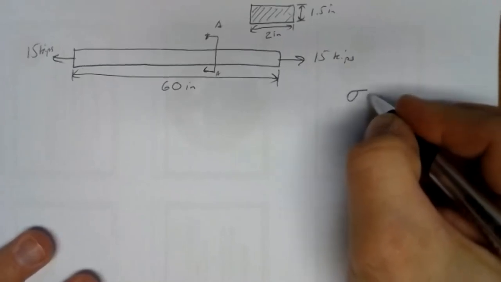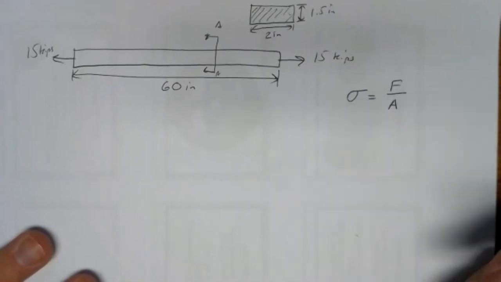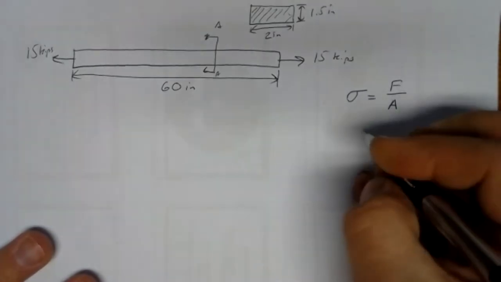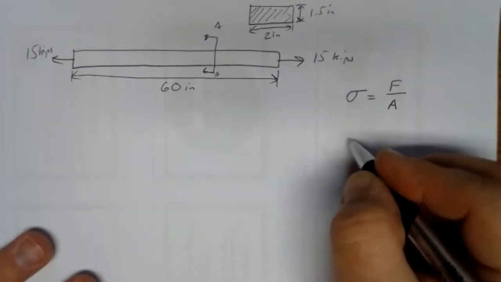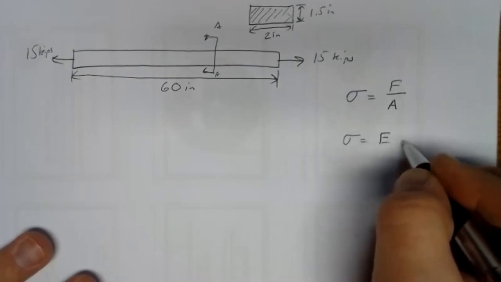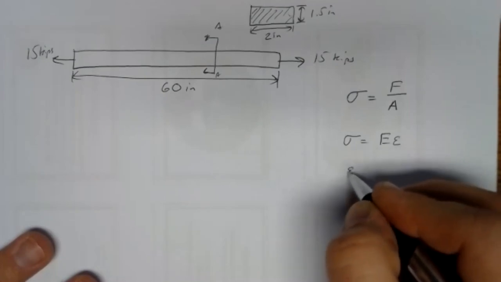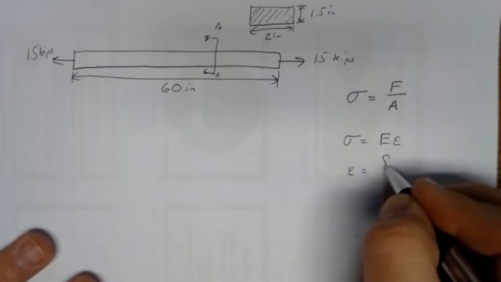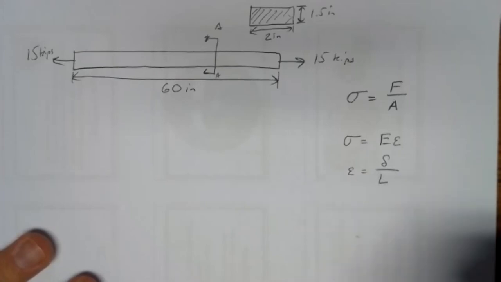We have the definition of normal stress: force divided by area. We have the connection between stress and strain: stress is equal to Young's modulus times the strain. And then we have the definition of strain: strain is elongation or deformation, delta, divided by the rest length, L.